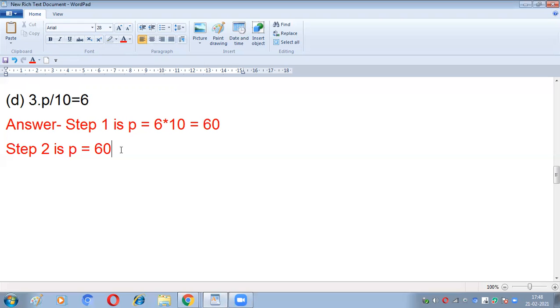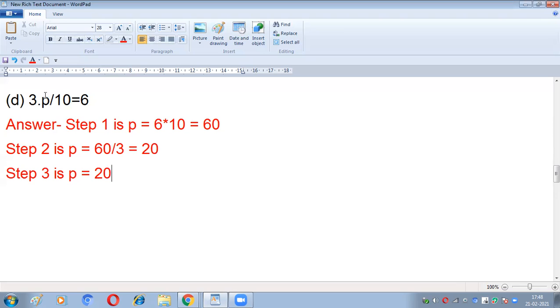So 60 upon 3 is equal to 20. 20 multiplied by 3 is equal to 60. Done. Step 3 is that finally we have got the value for P, and the value of P is 20.